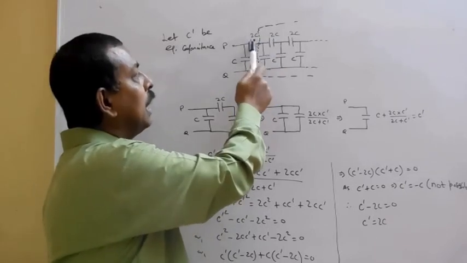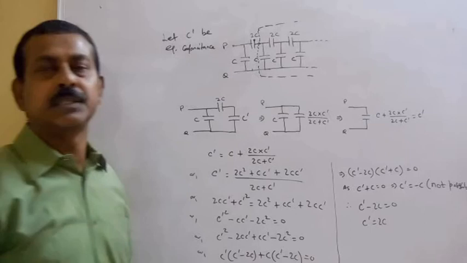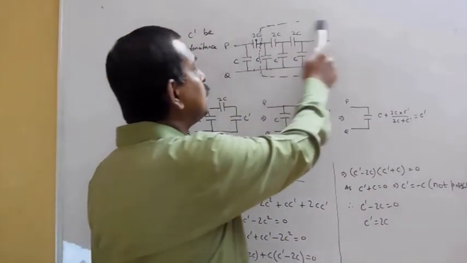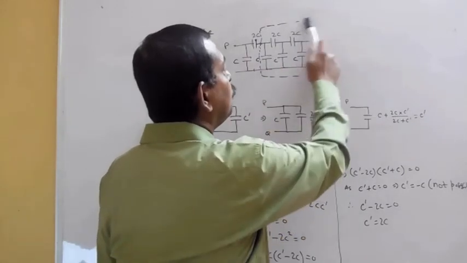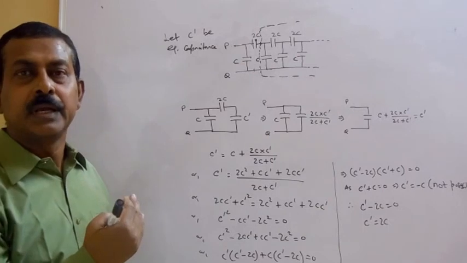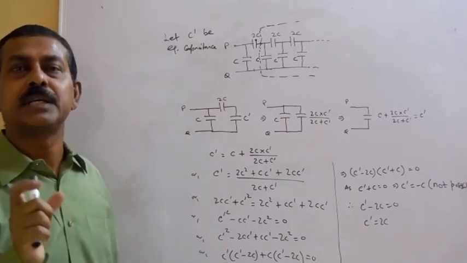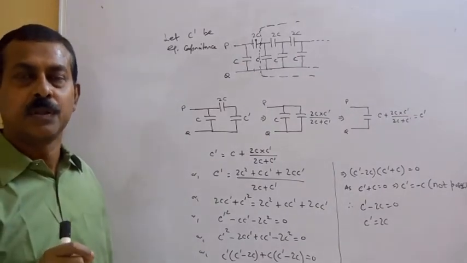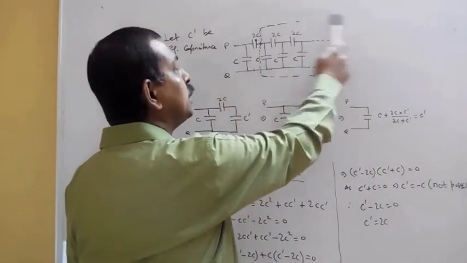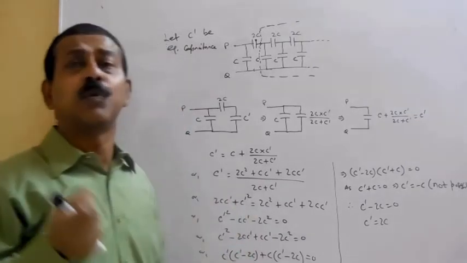Here also we have C across, 2C series, and it is the same in continuation. It means this particular part of the isolated circuit, leaving one unit, is the same as whatever circuit is given. So this is the same infinite unit network.